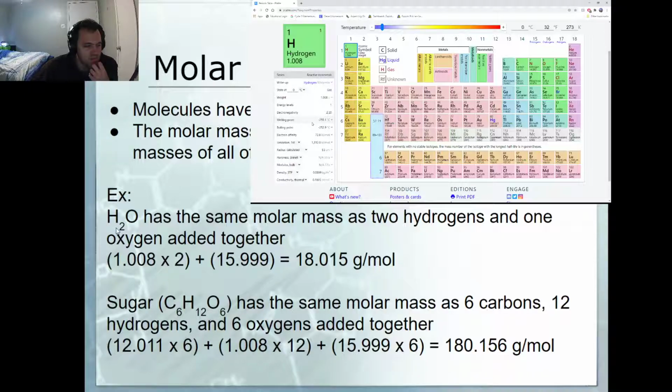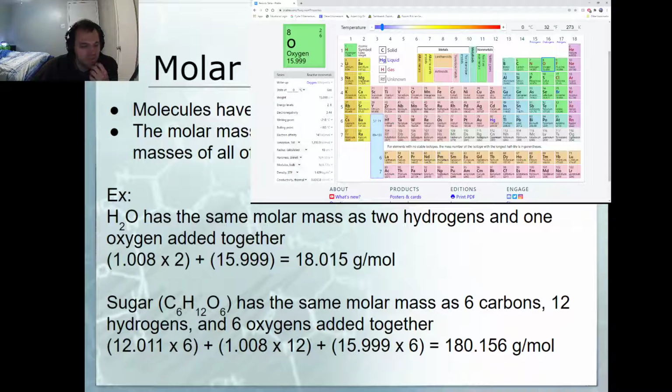That's what that little subscript means. And then to that you're adding however much this oxygen weighs. So you find oxygen on your periodic table, you take its atomic weight of 15.999, and you add that in there. So altogether, when you add them up, you get 18.015 grams per mole is the molar mass of water.